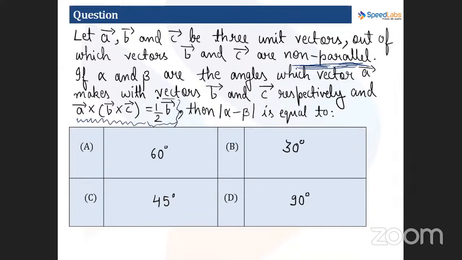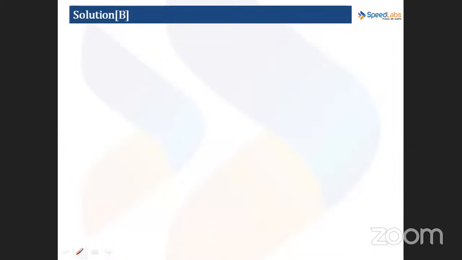This is a major hint. I think we should start solving it with the help of this hint. So A cross (B cross C) is given as half B vector. And what else was given?